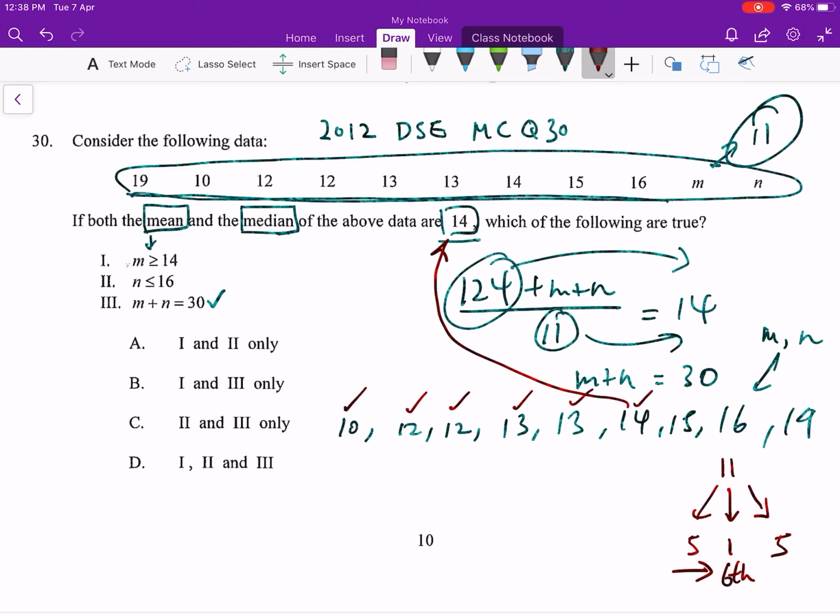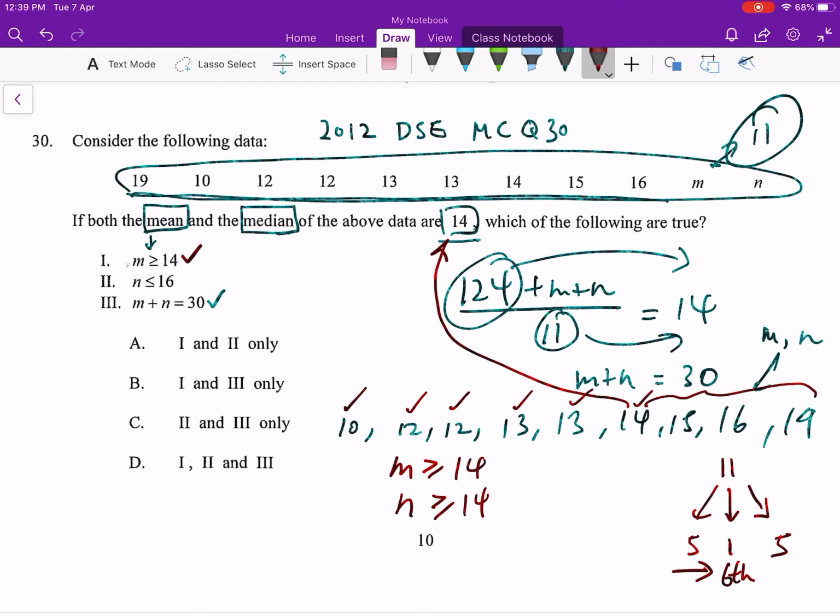We know that m and n must be put right here, that is, equal to 14 or above. So we can write that m or n should be a number bigger than or equal to 14. This is the requirement that we find out, which matches the first option.